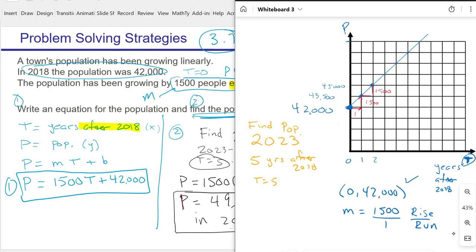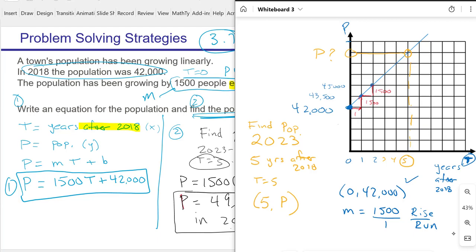And what the question is then is if we have an ordered pair with 5, the population will be the y number or the second coordinate. And we can find that if we just go to the graph. We've got 3, 4, 5. We're going to use this, find the point on the graph. It's right up there. And this is the population number. All I need to do is figure out that number.